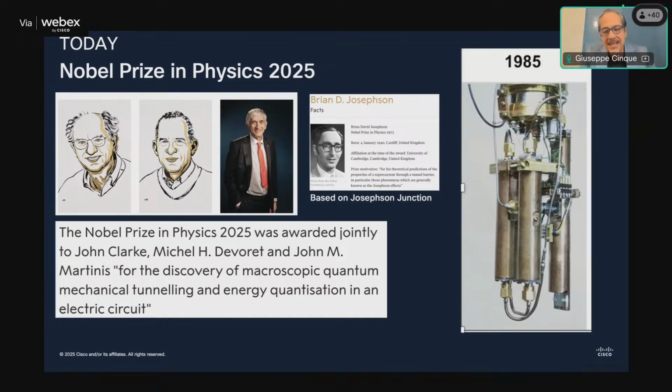What does it mean? They have created circuits based on one phenomenon that was discovered by another Nobel Prize winner, Brian Josephson, who had the idea when he was 22 years old of using a superconductor with a junction, to show that you can build a circuit, something macroscopic, let's say, that manifests quantum mechanical properties.